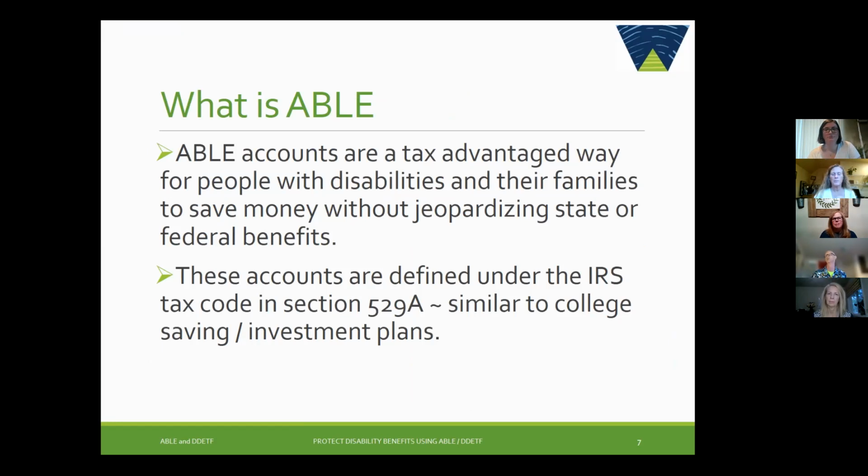We also have the Dream Ahead, which is a 529 savings plan, just morphed or twisted for people with disabilities. So it's a tax advantage way for people to save money and not jeopardize those benefits. And by tax advantage, that means you're not paying taxes on the earnings, or you don't pay taxes on the money when it comes out of the account as you take your withdrawals.